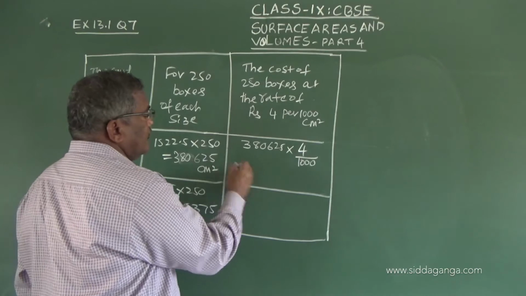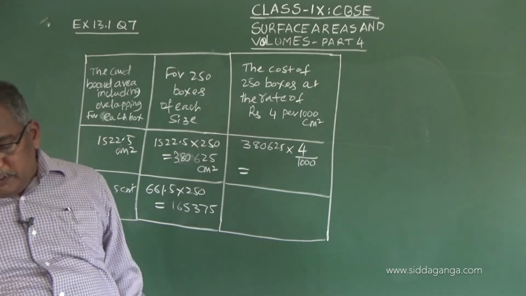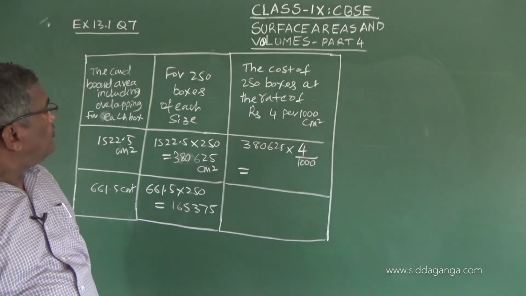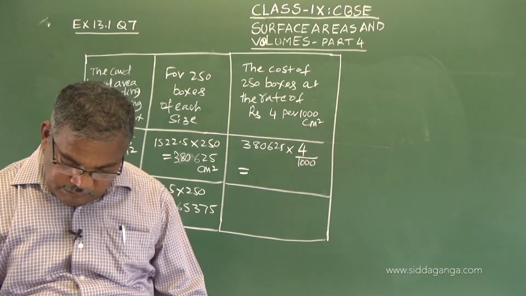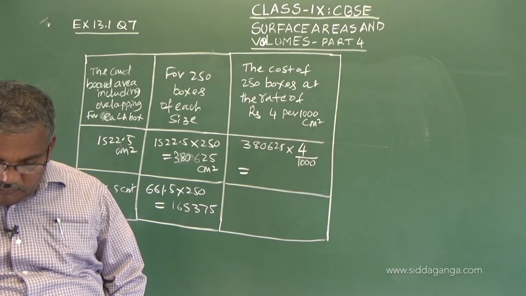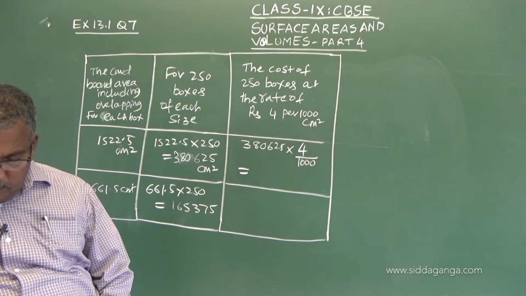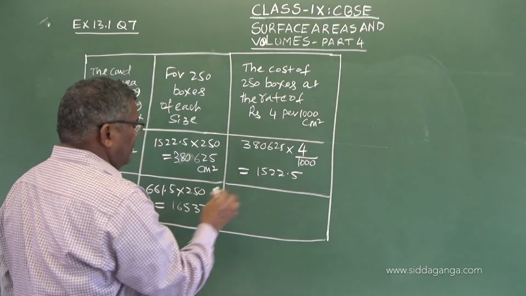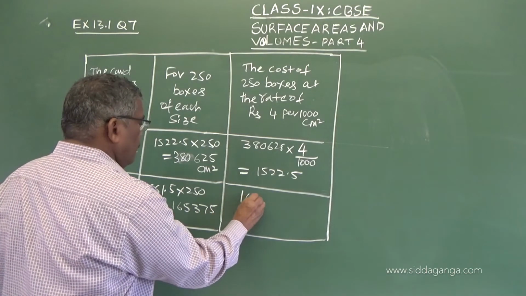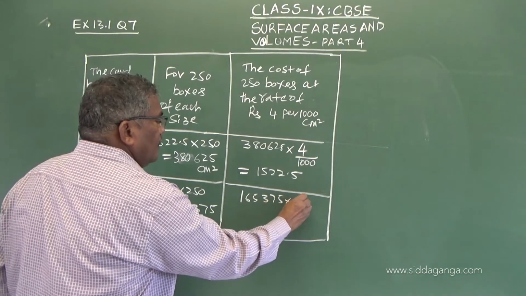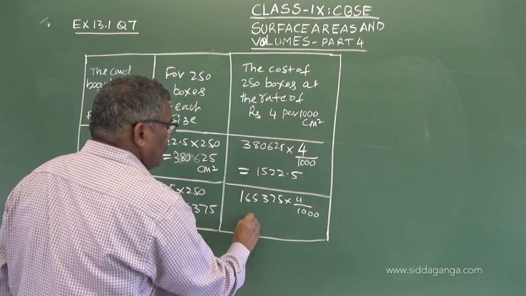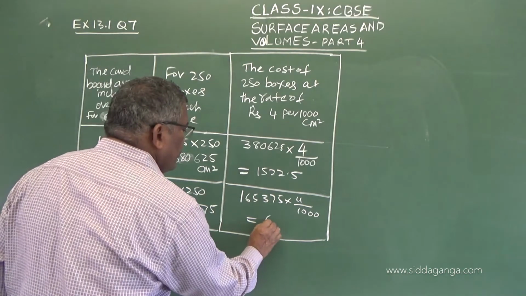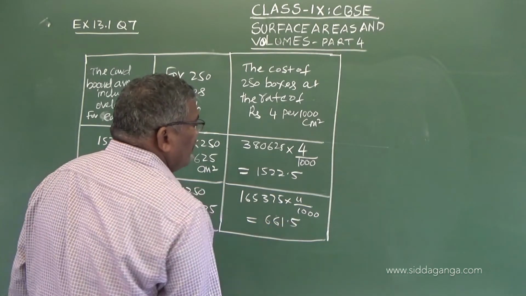So therefore we will get the cost of 250 bags of bigger size is 1522.5, and this is 165,375 into 4 by 1000, we will get 661.5.